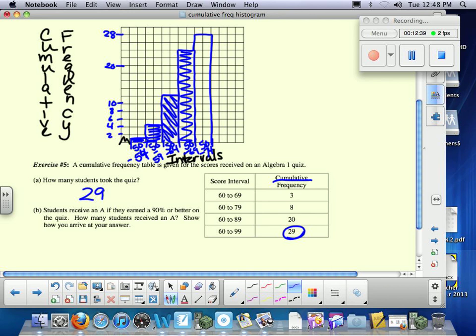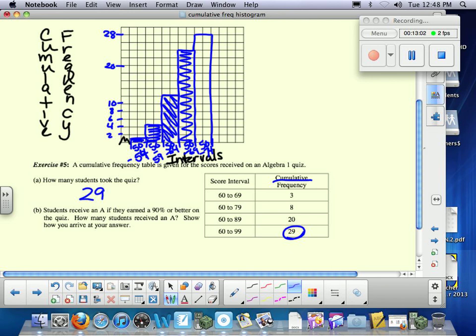Letter B is a little tricky. Students receive an A if they earn a 90 or better on the quiz. How many students are going to get an A? Is it all 29? No. Okay. 9. Maybe?